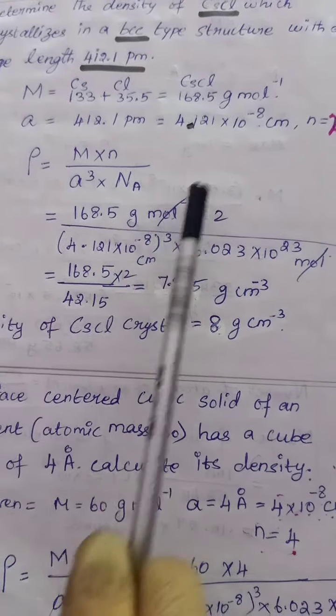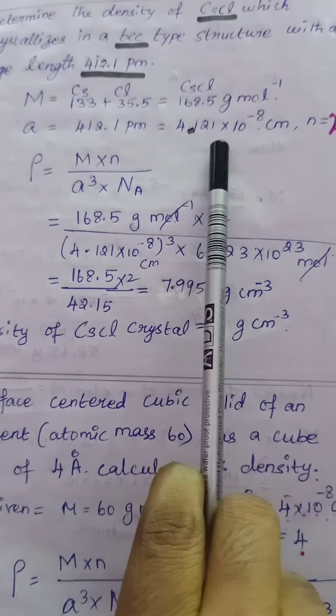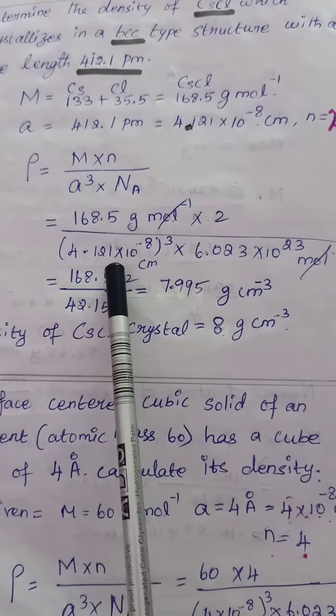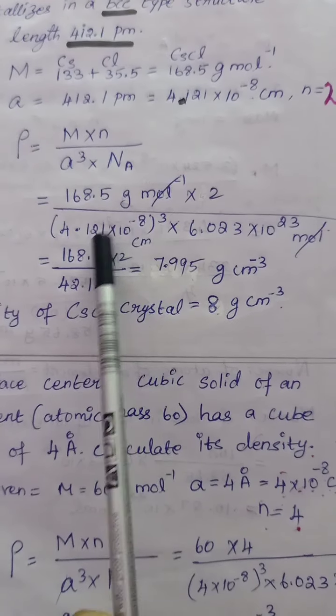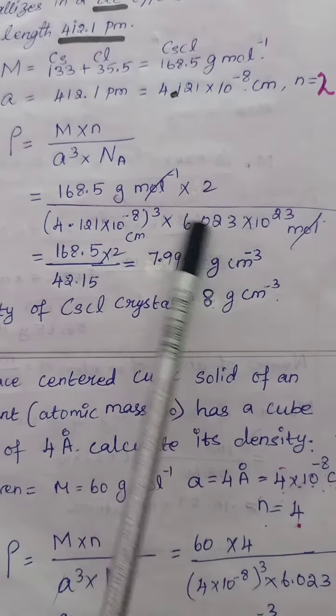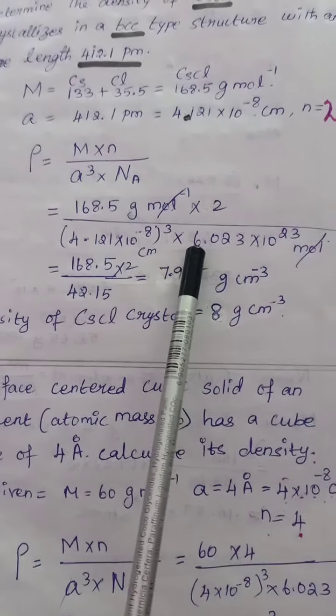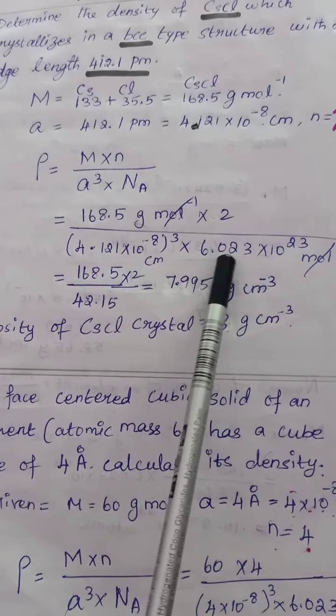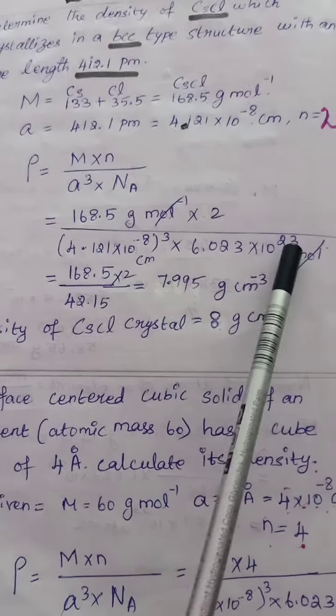The a value is 4.121 into 10 to the power of minus 8 centimeter. So that is cubed, because the formula has a cube. So the whole cube into Na, the Avogadro number, 6.023 into 10 to the power of 23 per mole.